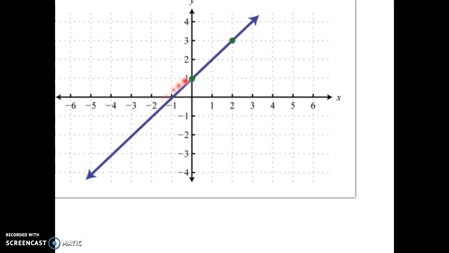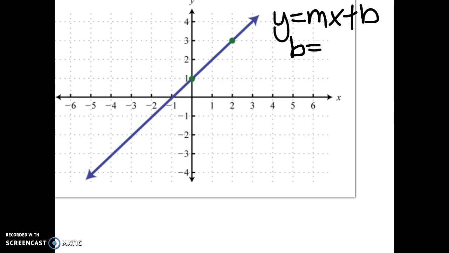We next have this graph here. Still using slope-intercept form because it's the easiest. This time I'm going to find my y-intercept first and then find the slope.